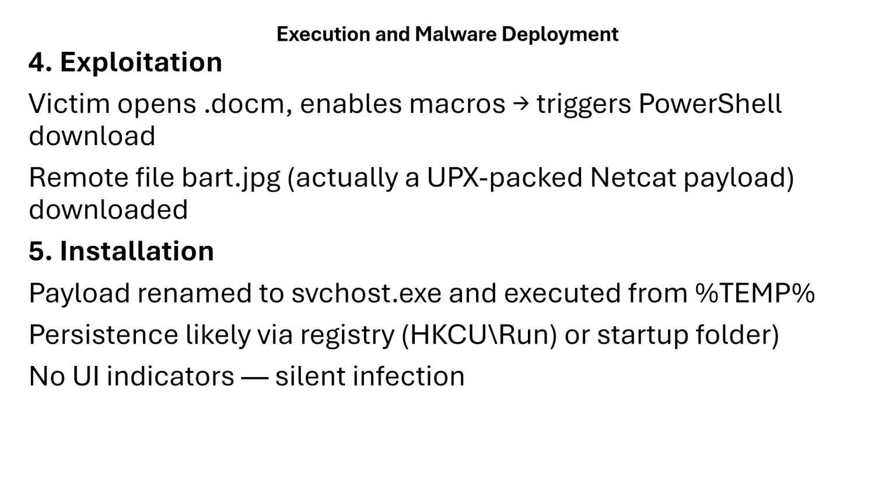In the installation step, the file was saved as svchost.exe in the temp folder and executed without the user's knowledge. Likely, it established persistence through the registry or startup folders.